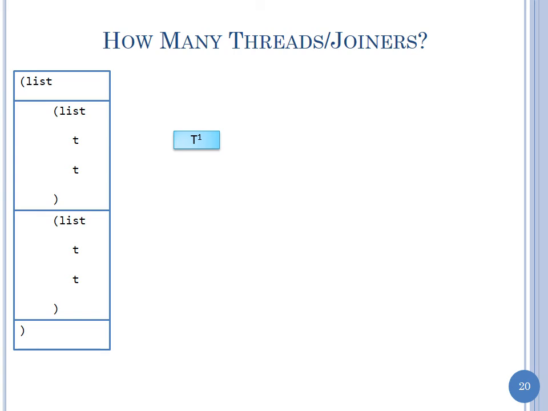So T1 does this part, T12 does this part, T2 and T21 do the others. T1 can do the list after T1 and T12 have finished, and T2 can do the second list after T2 and T21 have finished. Right?